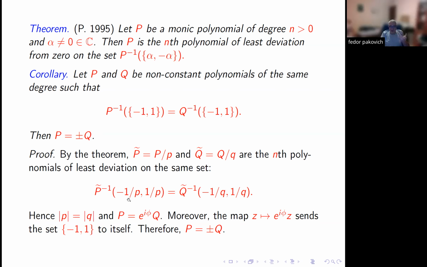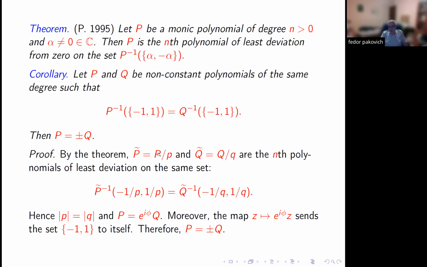Why? Because if these polynomials are both polynomials of least deviation, this deviation, this maximum, should be the same. But the maximum is given by this number, in absolute value. Therefore, the absolute values should be the same, and therefore we have such an equality.